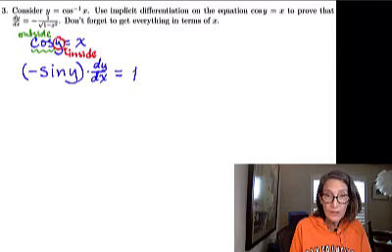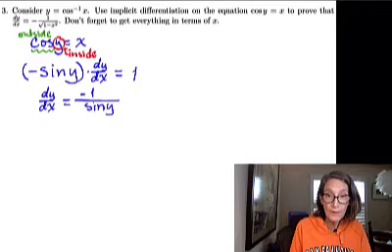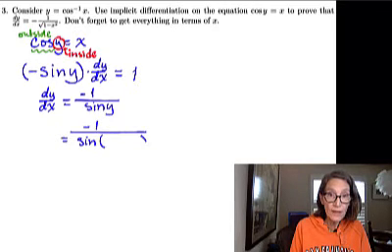So now we can divide both sides by negative sine y to get dy dx is negative 1 over sine of y. And the initial equation told us that y was arc cosine of x, so we write the denominator as sine of the arc cosine of x.